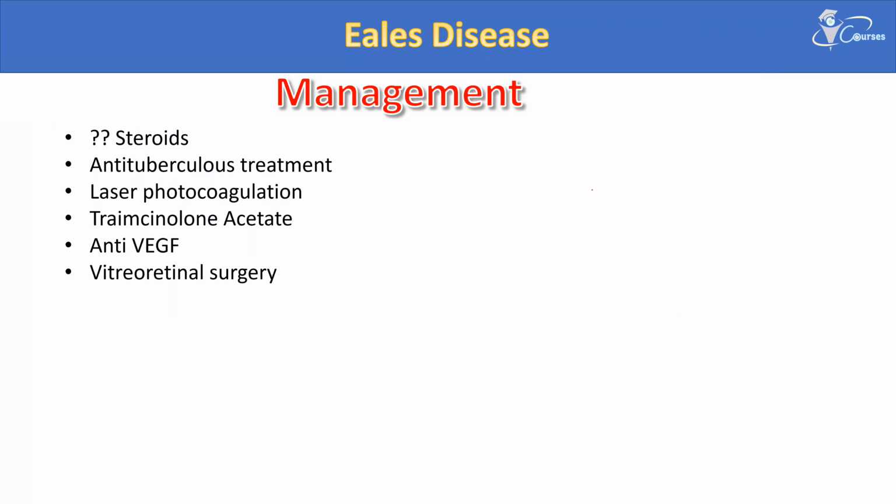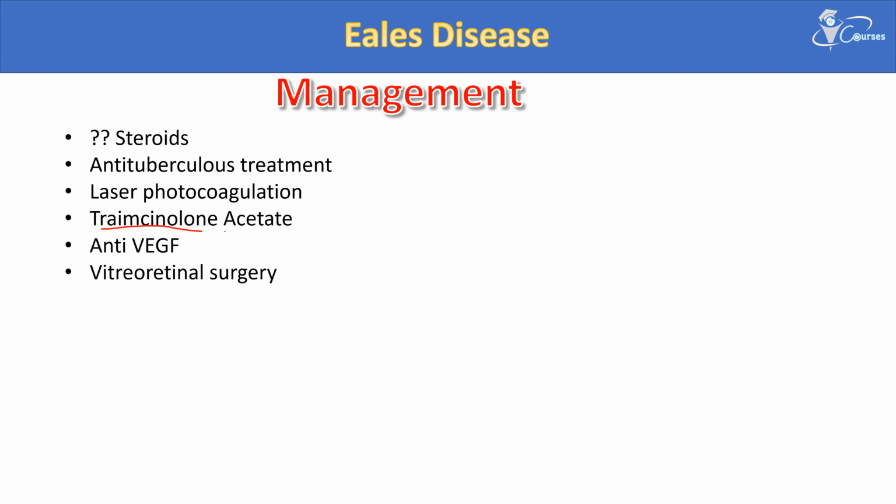So what will be the treatment? Steroid is controversial. It could be beneficial, but sometimes there is no consensus on the use of steroids. Antituberculous treatment, should the patient be tuberculous, they should receive antituberculous treatment. Laser photocoagulation to the ischemic areas.